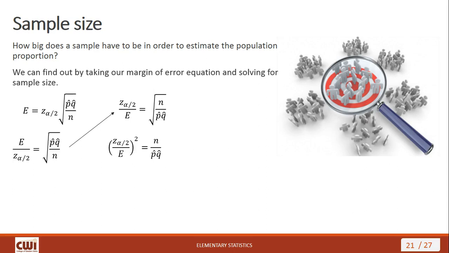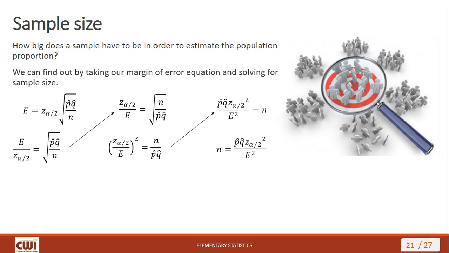To get rid of my radical sign, I'm going to square both sides of my equation. This then removes the square root sign from the right side. And then I get to multiply both sides by p hat q hat. That brings those elements over from the right side of my equation to the left side of my equation. And now I have n isolated all by itself, but I like to have those variables that I isolate on the left side.